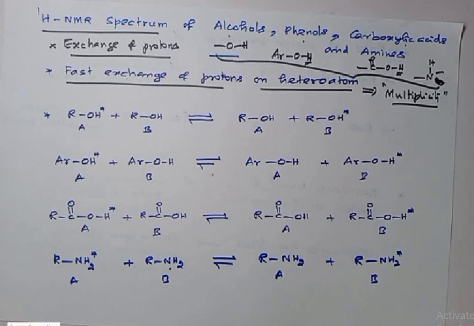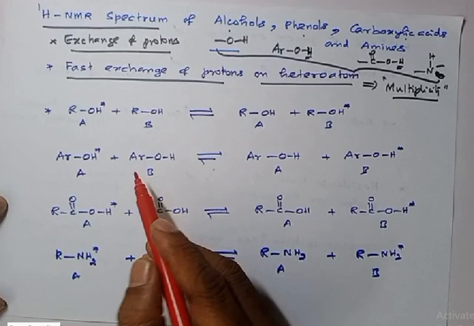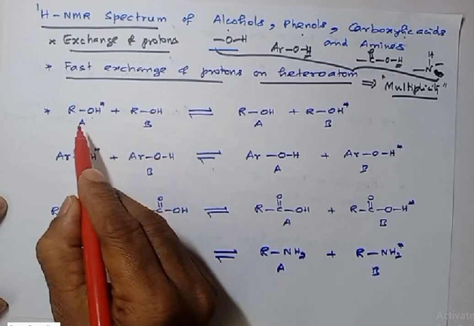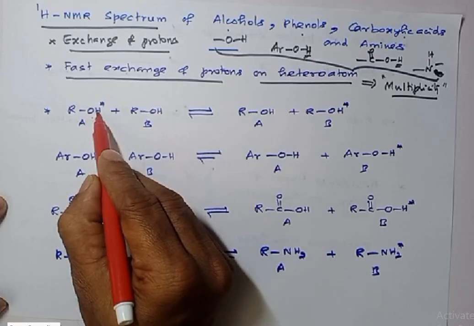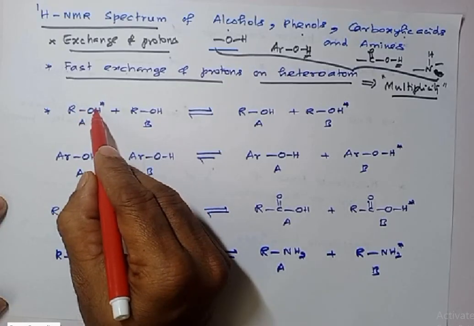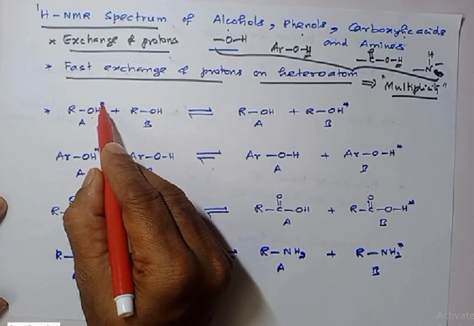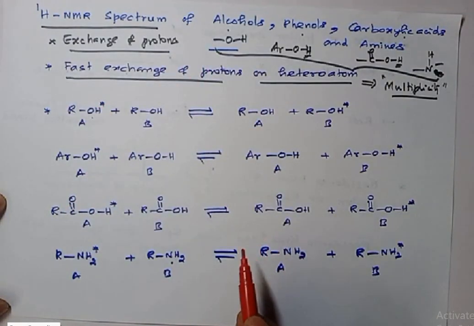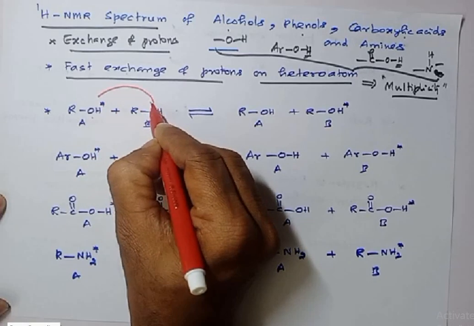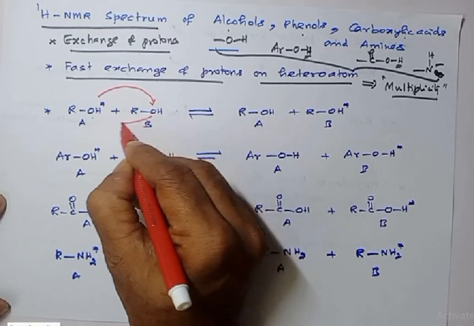What is meant by exchange of protons? See here. Suppose we take an alcohol, between one molecule and another molecule. I have shown a molecule A and another molecule B, and in molecule A, the hydrogen attached to oxygen is given as a star. In molecule B, it is given simply as hydrogen. Now what will happen? These two protons get exchanged.